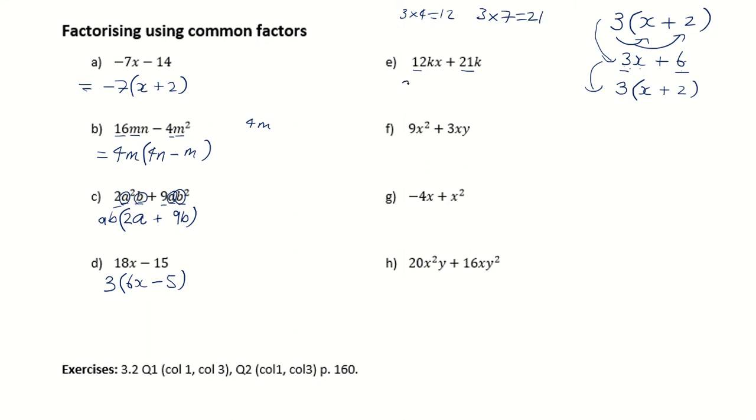So 12 is 3 times 4. What else do they have in common? They have k in common. So we can take out a 3k out the front. And then in order to get 12kx, we need to multiply 3k by 4 to get the 12k. And we also need to multiply it by x to get 12kx. To get the 21k, we're going to need to multiply this by positive 7.